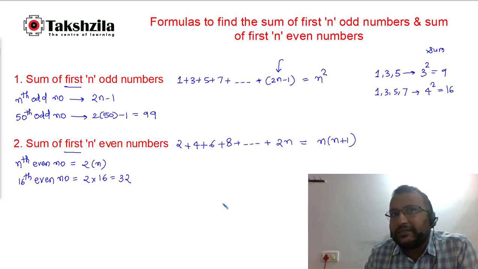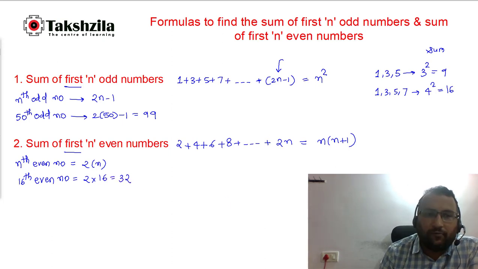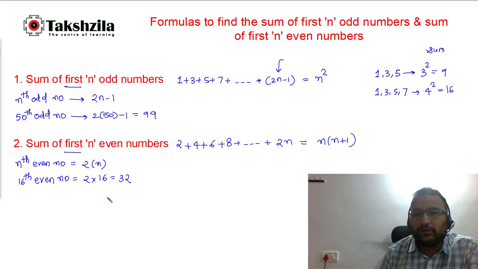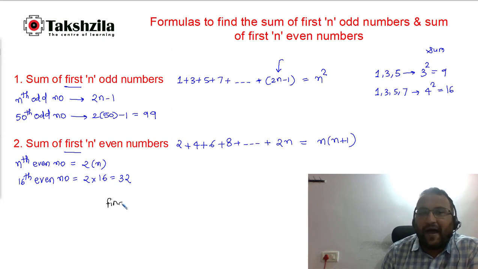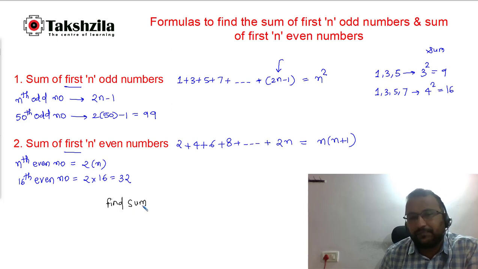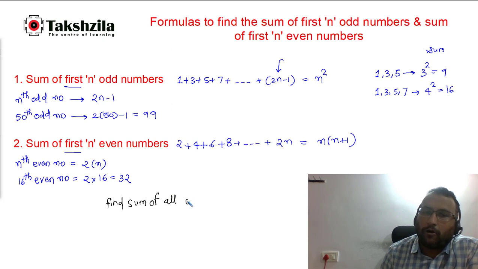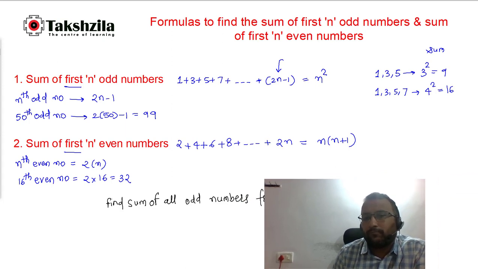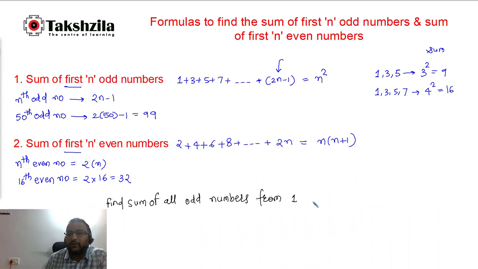While using these formulas, you need to be a bit careful. For example, if my question is find sum of all odd numbers from 1 to 100, let's have a look at it. So over here the answer is not 100 square.